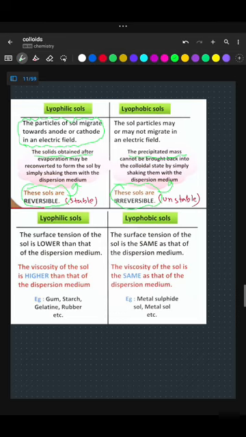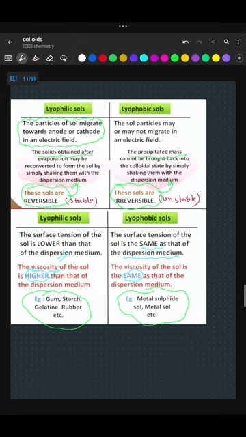The surface tension of the sol is lower than the dispersion medium in lyophilic solution, but in lyophobic solution the surface tension of the sol is the same as the dispersion medium. The viscosity in lyophilic is higher, while in lyophobic the viscosity is basically the same between the sol and the dispersion medium. And here are some very clear examples.